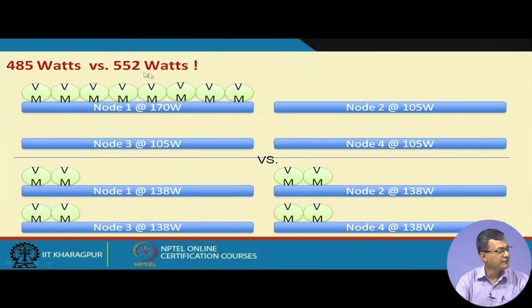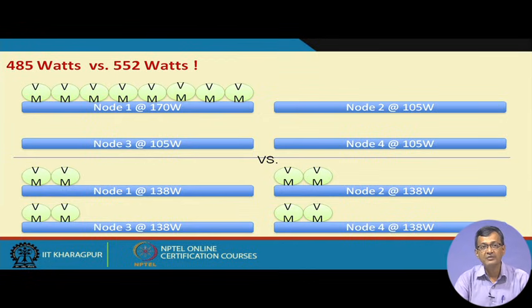A simple, very vanilla example. Say I have 4 nodes, right. In an idle or no load condition, each consumes 105 watts, and when fully loaded with 8 VMs, it consumes say 170 watts.